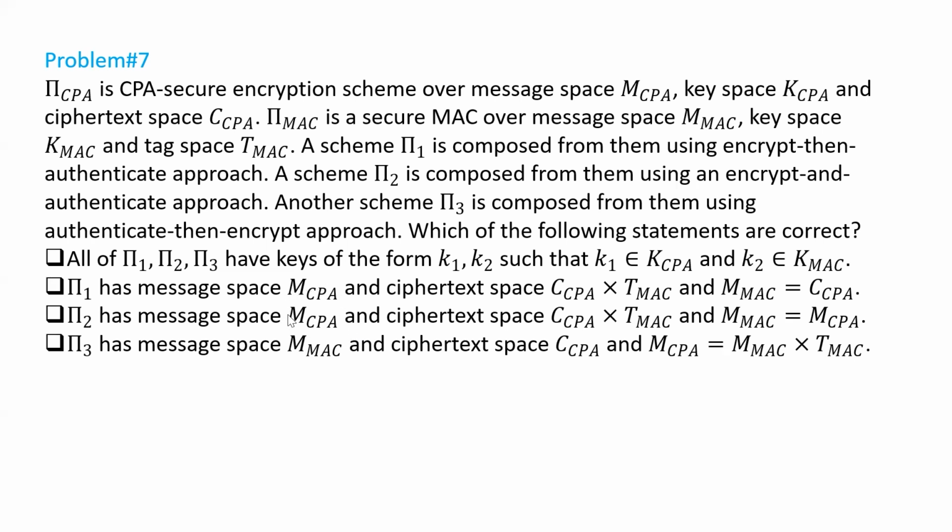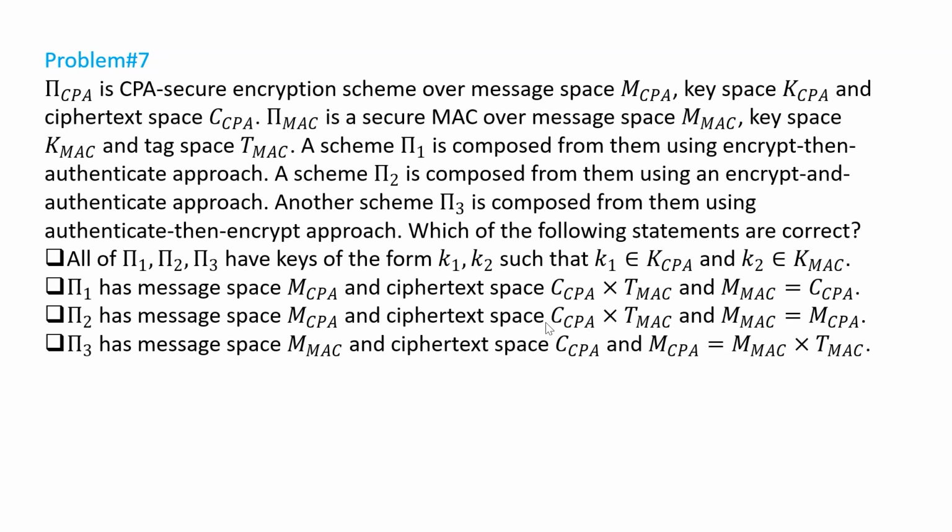So your message space is MCPA, which is also equal to MAC, and the ciphertext space is CCPA cross TMAC. In the case of the third scheme, your message space is MAC because you first authenticate, then encrypt. As you are authenticating first, your message space should be the same as MAC, and then you get some M, T pair and use that M, T pair as the message to the CPA secure encryption scheme.